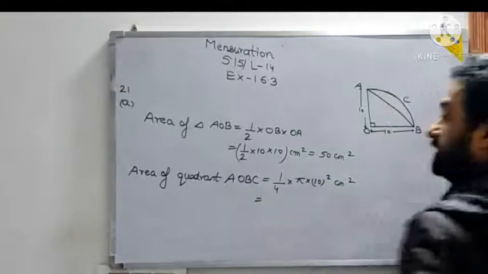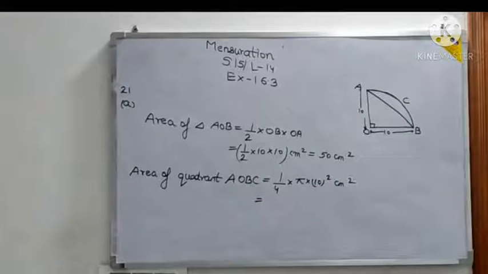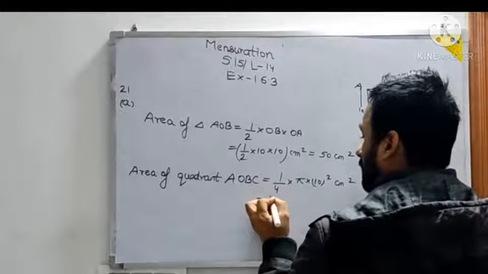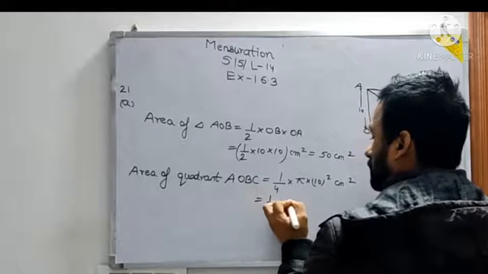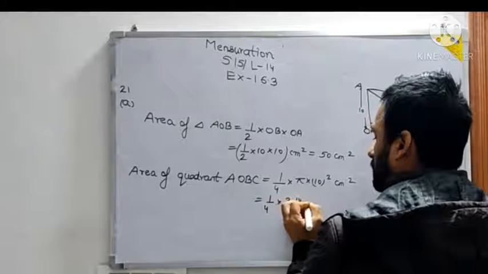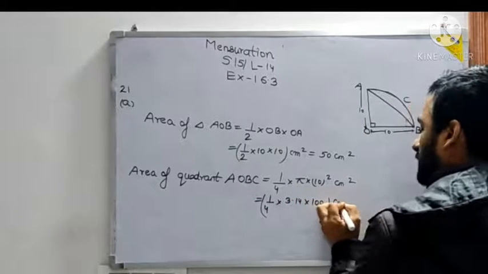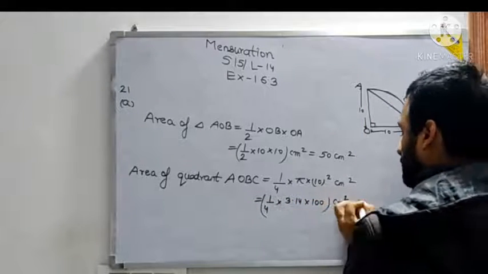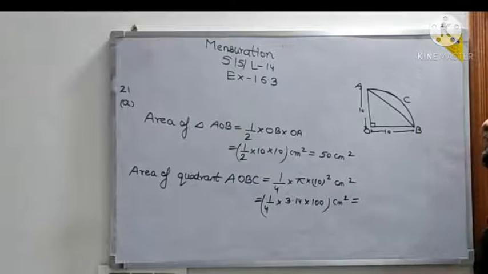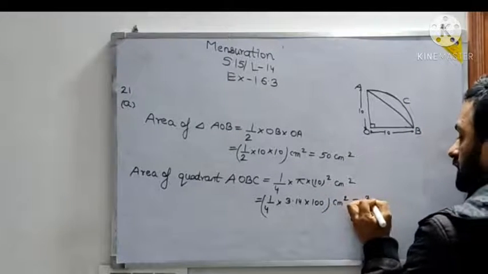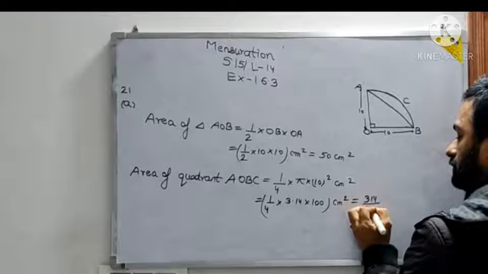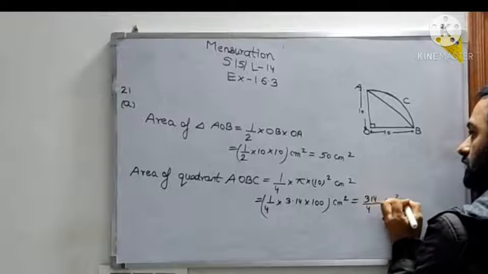Now see, the question is itself telling us to take the value. What is the value of pi they are intending us to take? It is 3.14. So 1 by 4 into 3.14 into 100 centimeter square, which is equal to 314 upon 4 centimeter square.